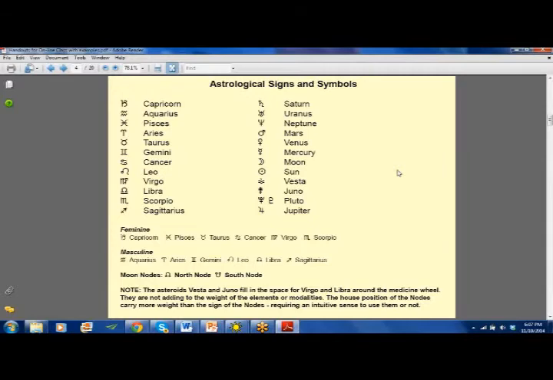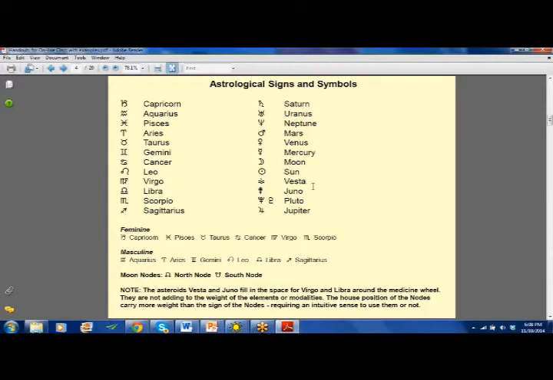The answer is that Vesta and Juno are really placeholders for Virgo and Libra. Traditional astrology places Mercury with Virgo and Venus with Libra, and that just doesn't seem to fit from our perspective. So in order to create the full medicine wheel, the full mandala, we've used Vesta and Juno to hold the place.